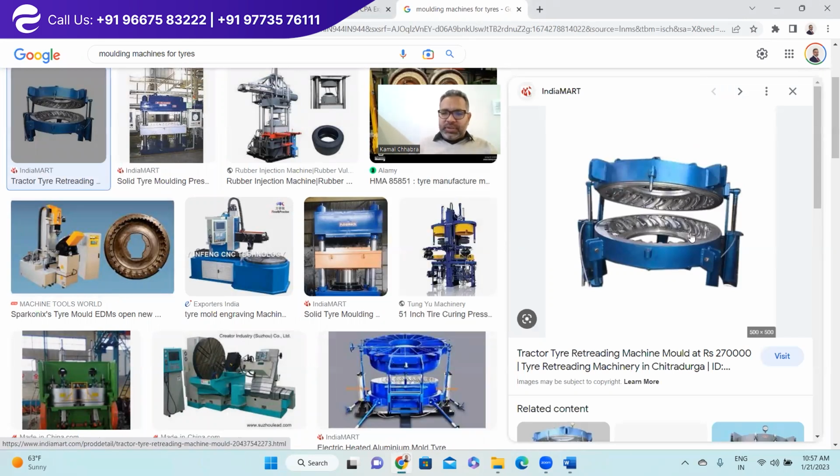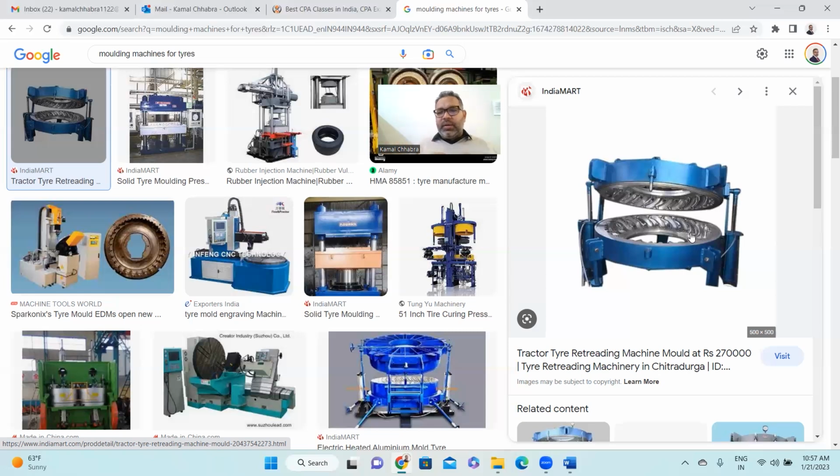This is called a molding machine, in which you put rubber and chemicals, it heats up and accelerates the air, and that's how tires are made, right? Let's assume you are a tire manufacturing company and you want to set up this molding machine. First, you'll be purchasing the machine, and second is the installation.